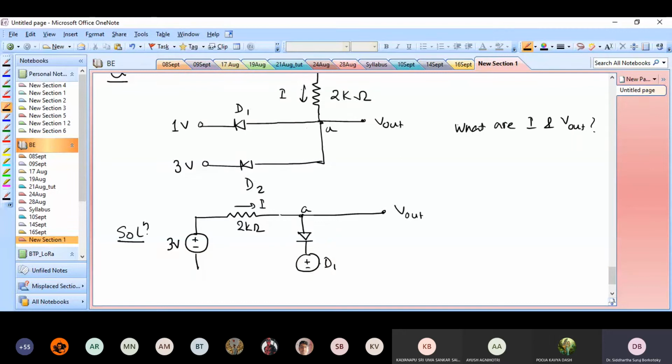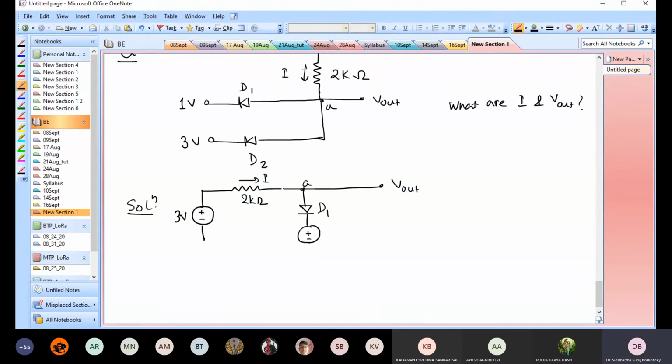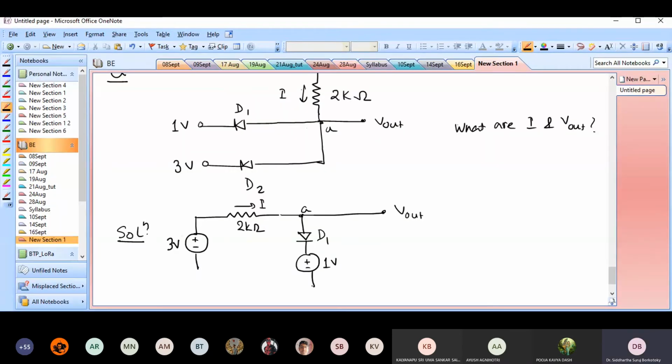Sorry, this is D1, and this is 1 volt. And then another D2, plus 3 volts. So this is basically V out.